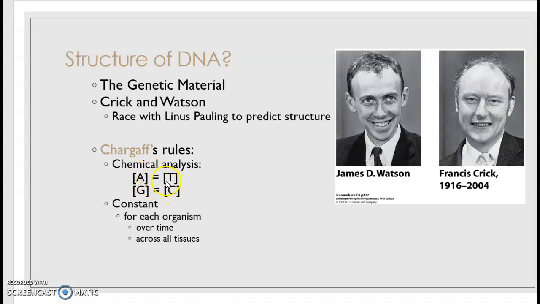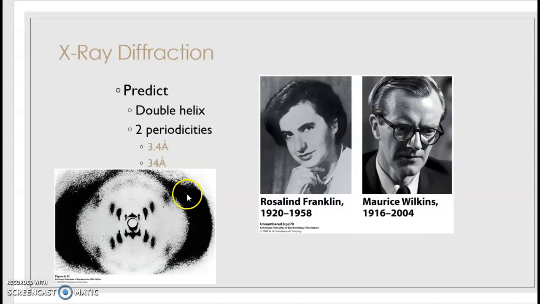Remember, A with T, G with C. Thus, by X-ray diffraction, these two, Rosalind Franklin and Maurice Wilkins, established the periodicity of the different structures in DNA.